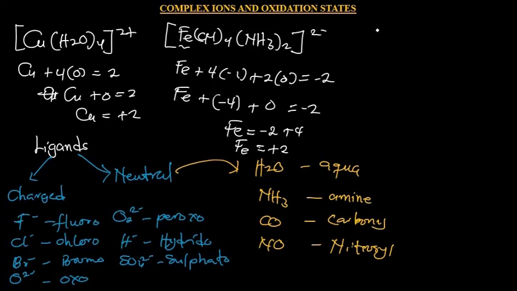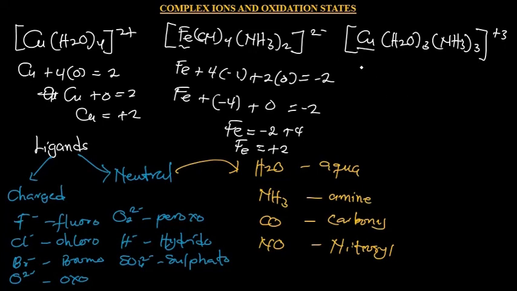Alright, what about this one? You can pause the video and try this one. Copper, H2O3, NH3, with a net charge of plus 3. What will be the oxidation state of copper?